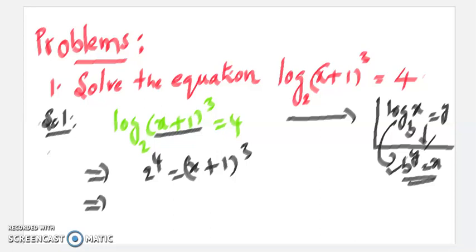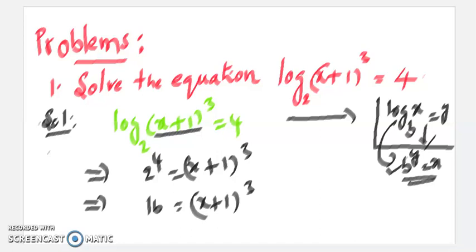This implies 2 power 4 is equal to, what is the value of 2 power 4? Yes, right, 16 is equal to (x plus 1) whole cube.